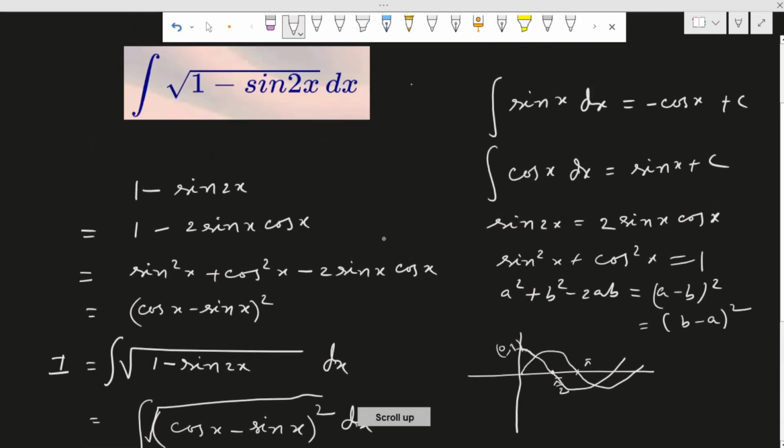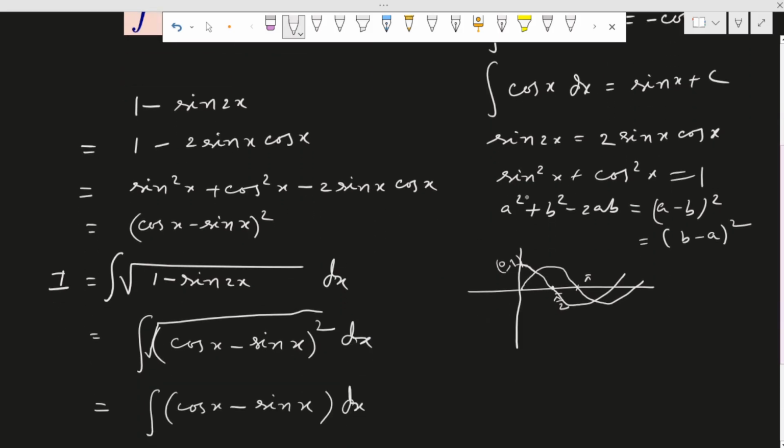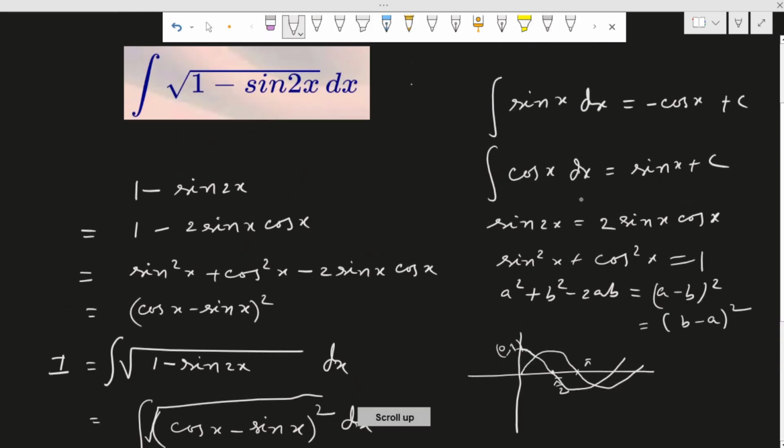See, integration of cos x, what is the formula? Integration of cos x is sin x. Integration of sin x is minus cos x.